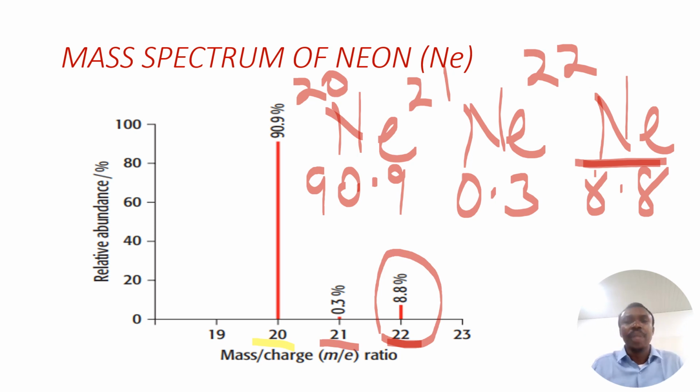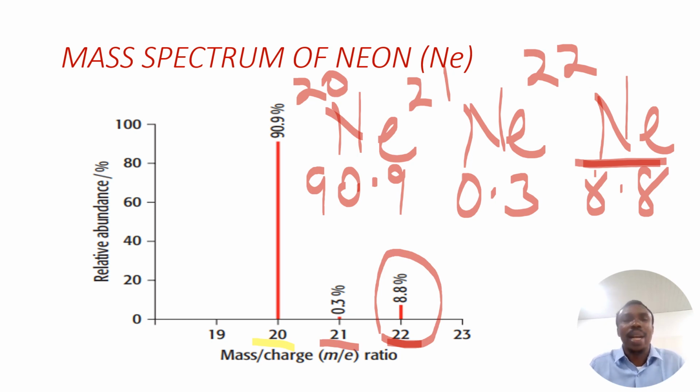mass to charge ratio. It can be a graph of the height of the peak against the mass to charge ratio. It can be a graph of the detected current against the mass to charge ratio. It depends on the mass spectrometer. Some mass spectrometers are calibrated in relative abundance, which is a percentage.